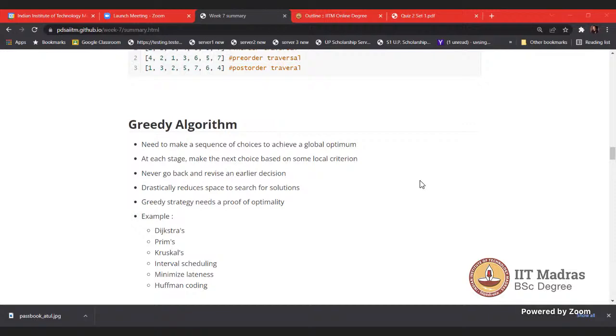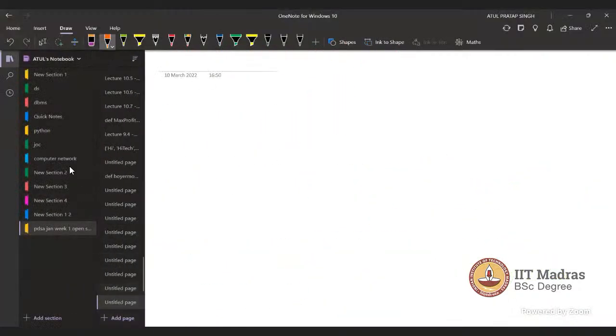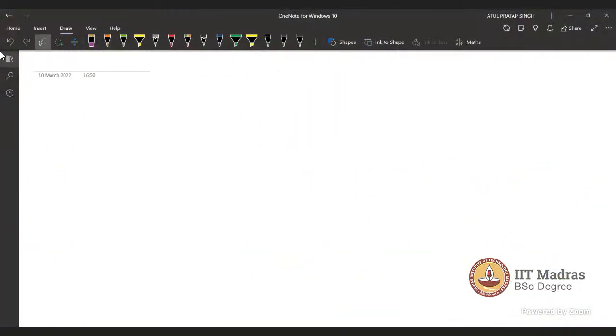The number of nodes given was 35, and we have to find the minimum height of that AVL tree, assuming the height of a single node is 1. So if only the root node is available, the height is 1. So we are just asking for the minimum height.